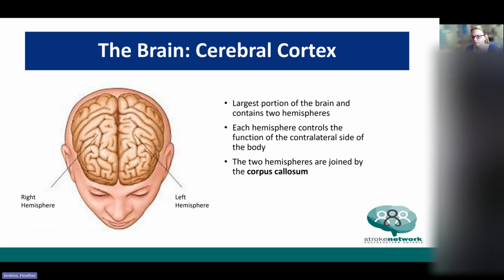Your cerebral cortex is divided into a left and right hemisphere, covering half of the side of your brain, and they are joined in the middle by your corpus callosum. In general, the left side of your brain is going to control functions on the right side of your body and vice versa.